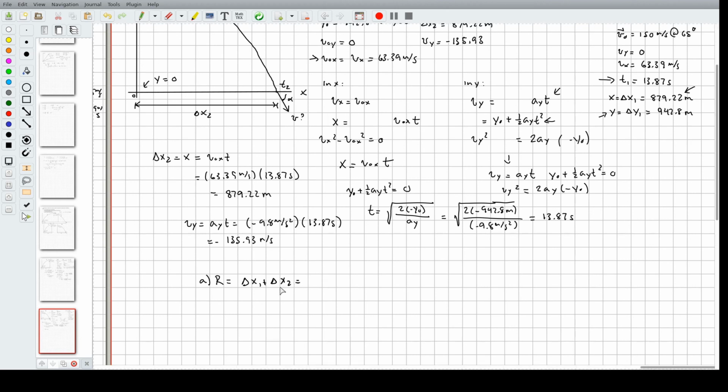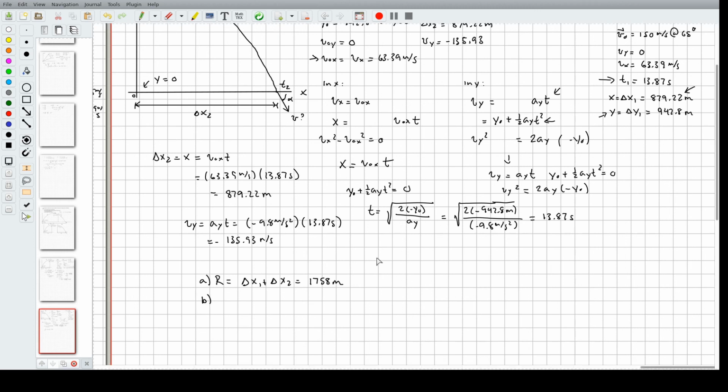Or since this is a symmetric problem, you just double the distance it went in x in the first part, which would be 879.22 times 2. 1,758 meters. We're going to round this in a second, not quite yet. Let's just put the numbers in.